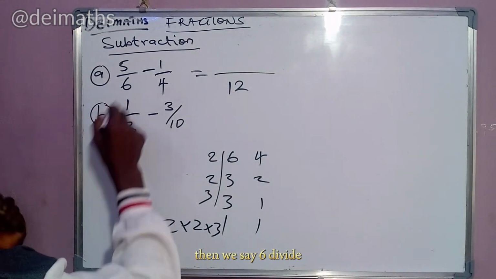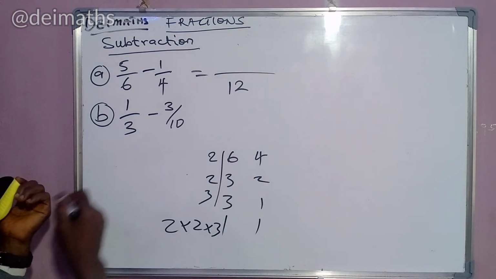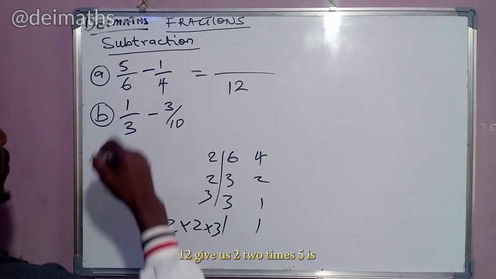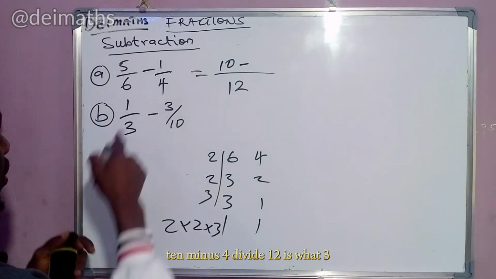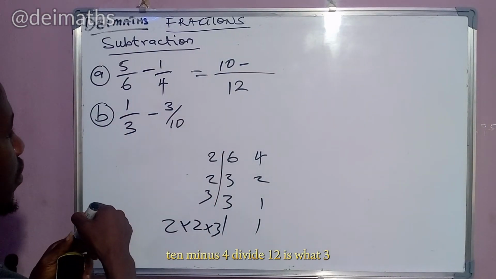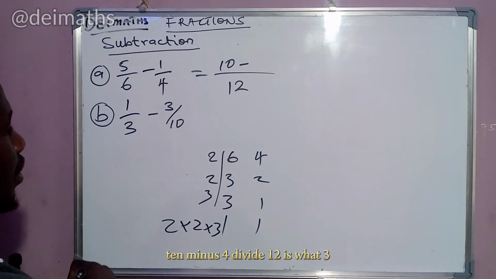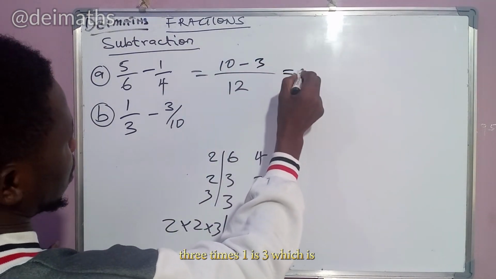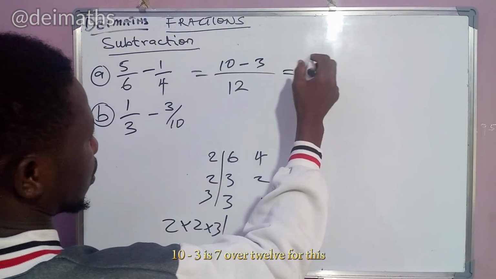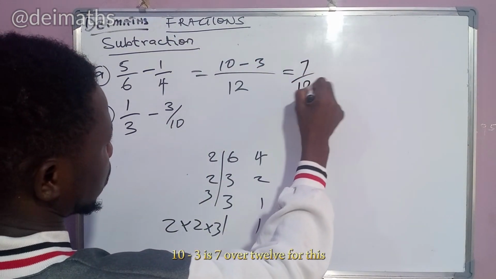Then we say 6 divide 12 give us 2. 2 times 5 is 10 minus 4 divide 12 was 3. 3 times 1 is 3, which is 10 minus 3 is 7 over 12.